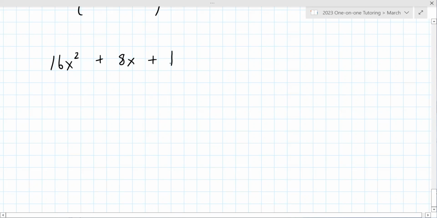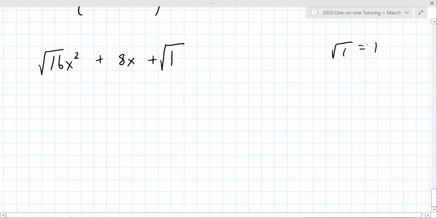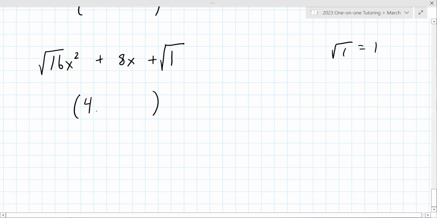Okay. Let's try this one. So can you take the square root of the first? Can you take the square root of the last? Does 1 have a square root? It does. The square root of 1 is 1. Okay. Is the square root of 16 4? It is 4. And then what goes with it? So 4x plus 1 squared. Yes, you got it.